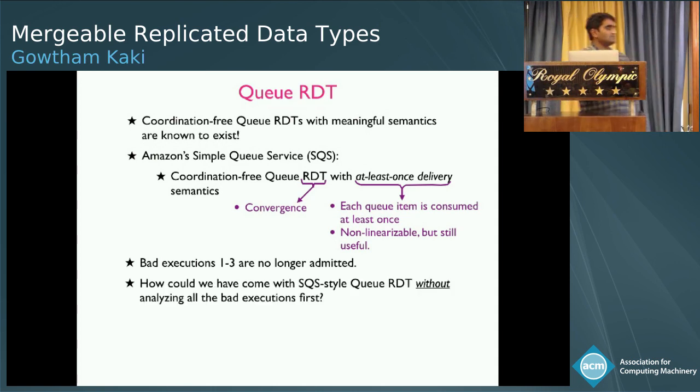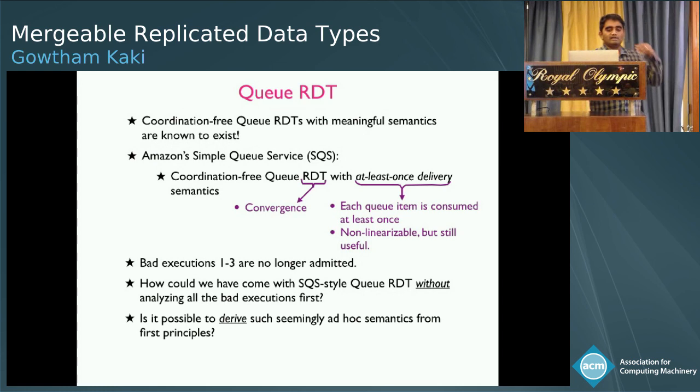But the real question, as PL people, is: this looks very arbitrary, and it looks like someone has looked at the bad executions and just reverse engineered this particular semantics. So how could we have come up with this SQS style QRDT without actually going through all the bad executions first? If you frame the question in a different way, is it possible to derive these seemingly ad hoc queue semantics, at least once delivery semantics, from first principles?